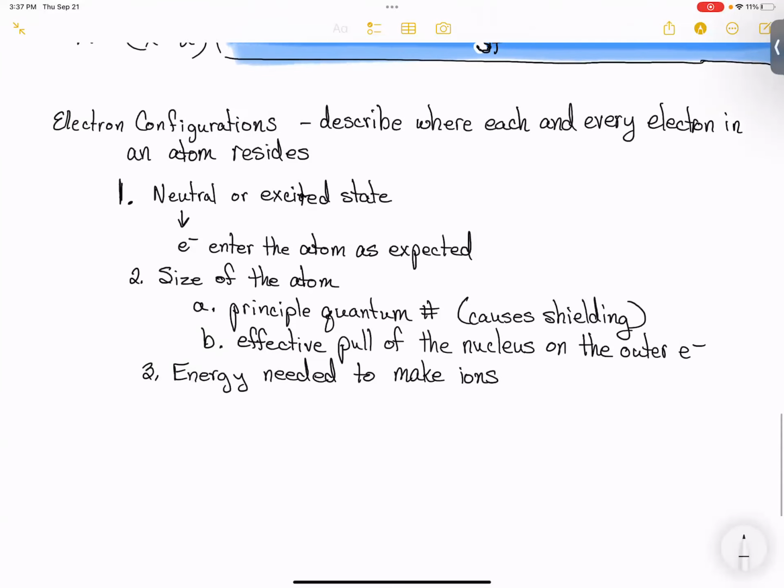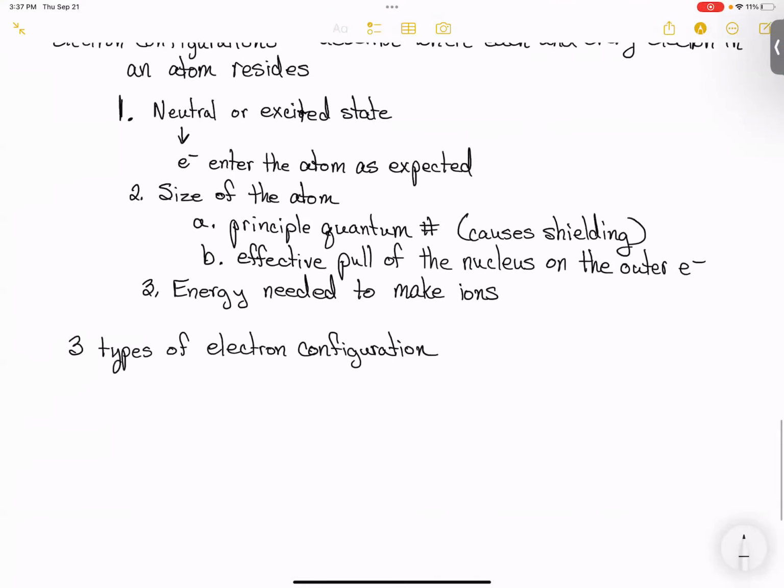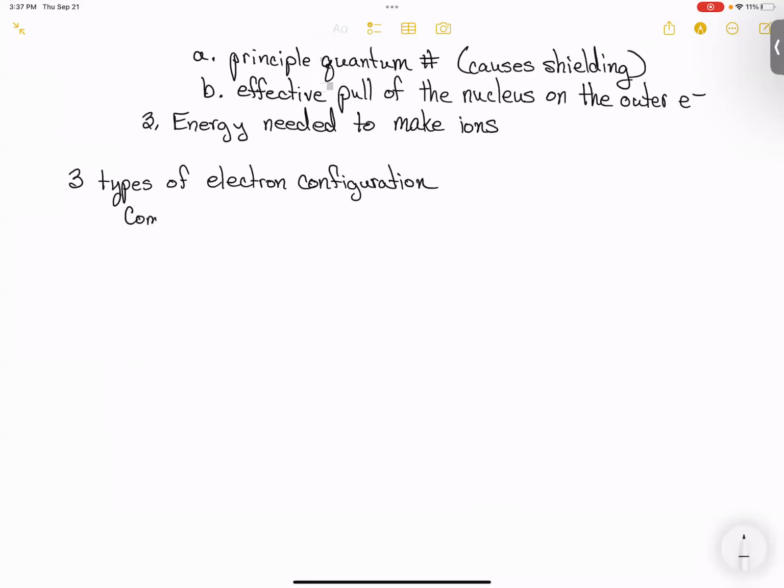Now there are three types of electron configurations we're going to work with. We're going to deal with the complete electron configuration, which describes every electron.